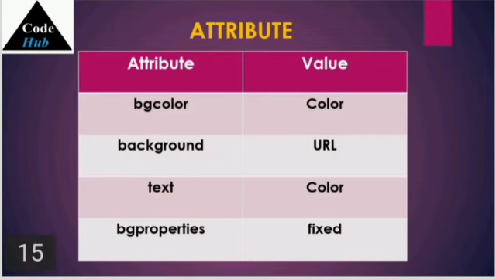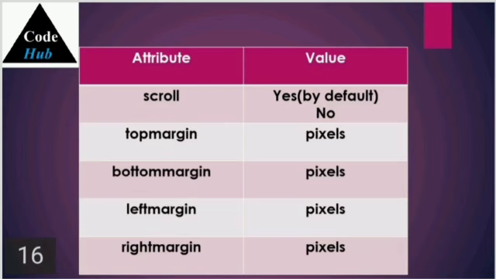Here, the background image path is set through a URL. Third is text. It specifies the text color. Fourth is bgproperties. It determines whether the background is fixed or movable when you scroll the text. Fifth is scroll. This attribute is used for vertical scrolling, which is present at the right side of a document.